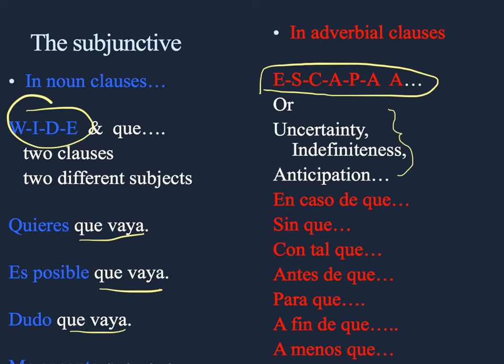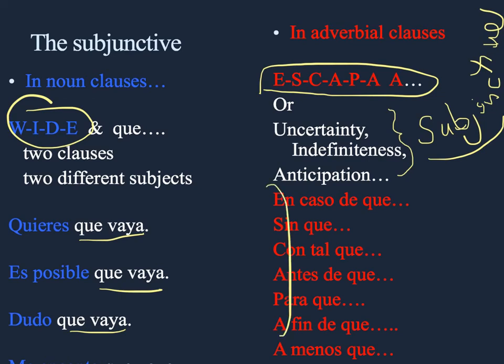So if we're implying uncertainty, indefiniteness, or anticipation, then we know those kinds of things always require subjunctive mood. And that's when we make the decision. I know that looks really nice, doesn't it? With these specific ones, we can be assured when we use subjunctive.